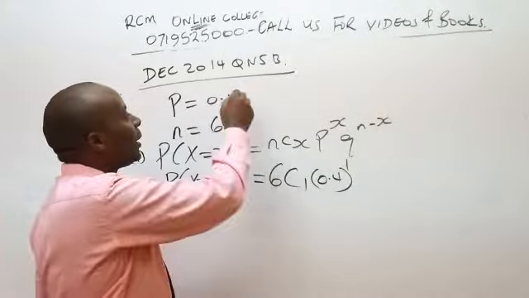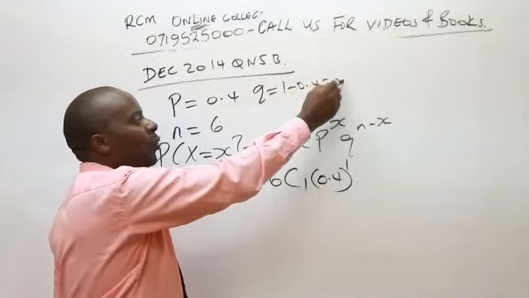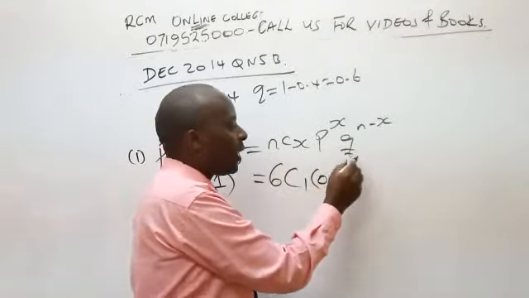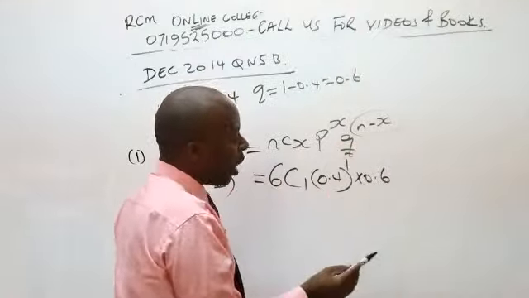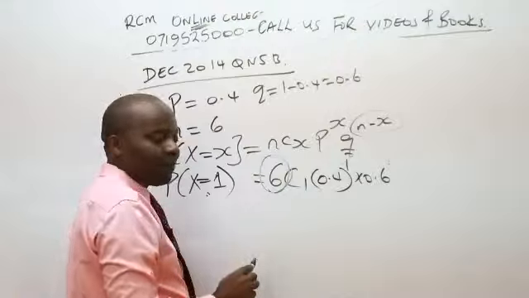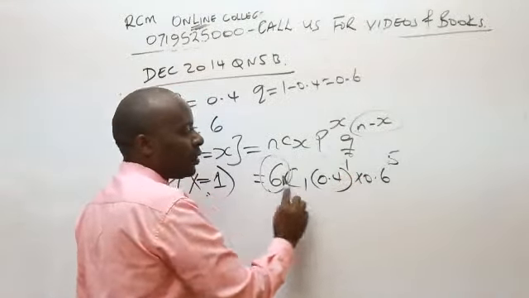And remember that if P is 0.4, then Q will be 1 minus 0.4, which is 0.6. So Q is 0.6 raised to the balancing power. The two powers must always add up to n, so the balancing power here will be 5. 1 plus 5 is 6.